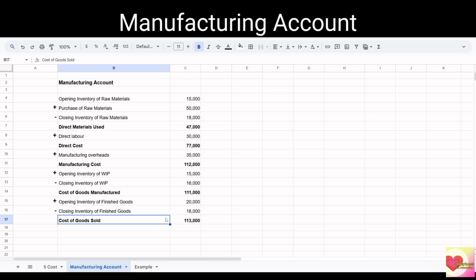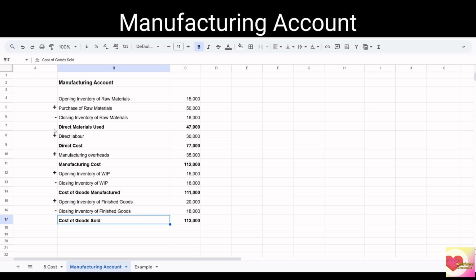Now that we understand the manufacturing account, let's now try to memorize them. To share to you how I memorized them, I had to remember the first letter of the names of each of these subtotals. We have D, D, M, C, C, and most of them have cost in them, except for the first one.